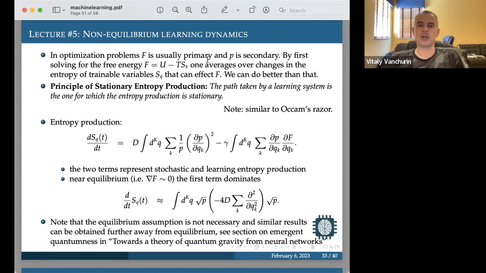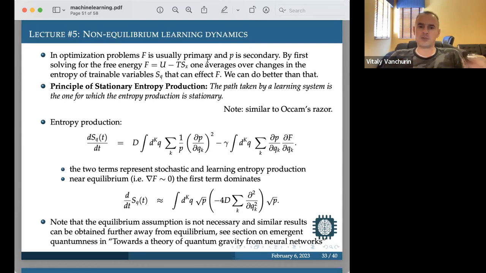And so we are not asking about what would be a time-independent state in the equilibrium, but what kind of paths the learning system would take. Paths for both P and for F. So how would P change with time and how would F change with time? And the claim here is the following, that the path taken by a learning system, a good learning system, is the one for which the entropy production is stationary.